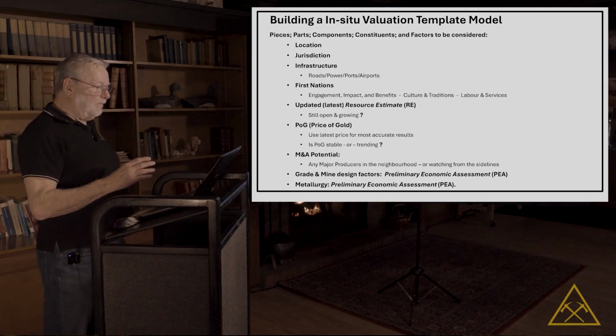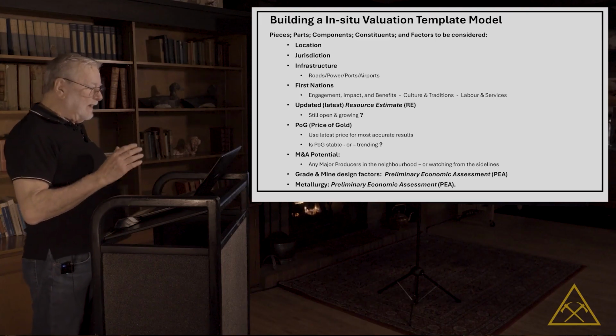So building a template considers the factors that we're just talking about. So within the Golden Triangle, these are the pieces that you'd want to start putting together. So one is jurisdiction. This is in BC, Canada.